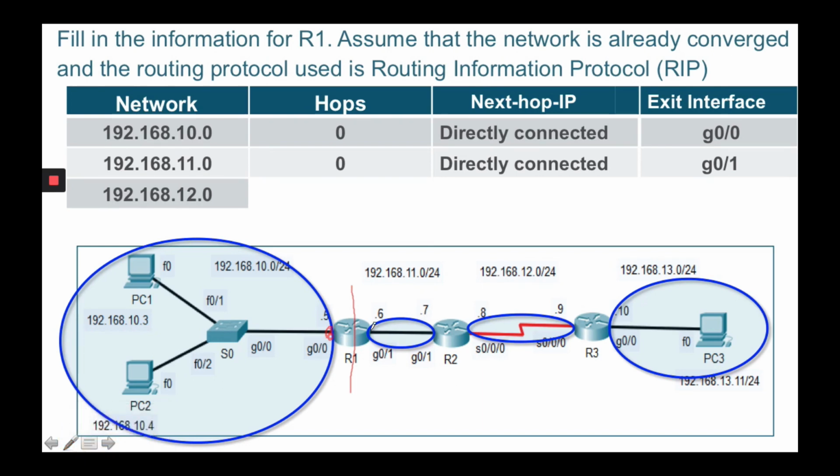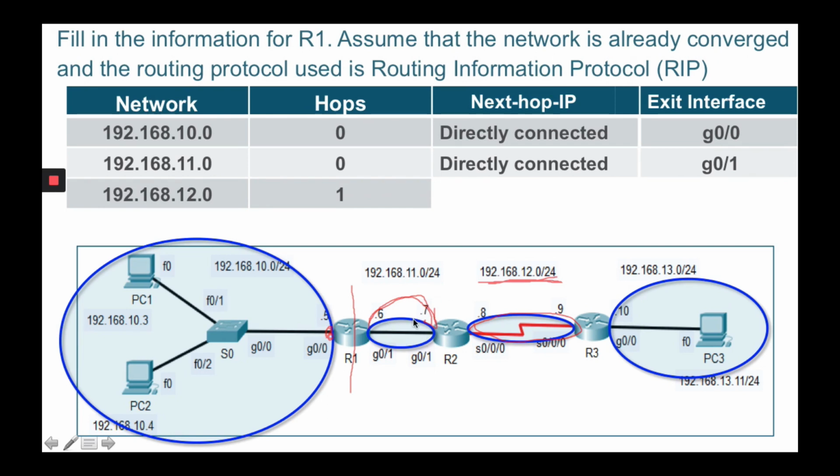In order to route to 192.168.12.0, router 1 has to go one hop away to reach router 2, and only then does router 2 reach the destination of 192.168.12.0. So router 1 just needs to hop one time. Your answer will be 1.